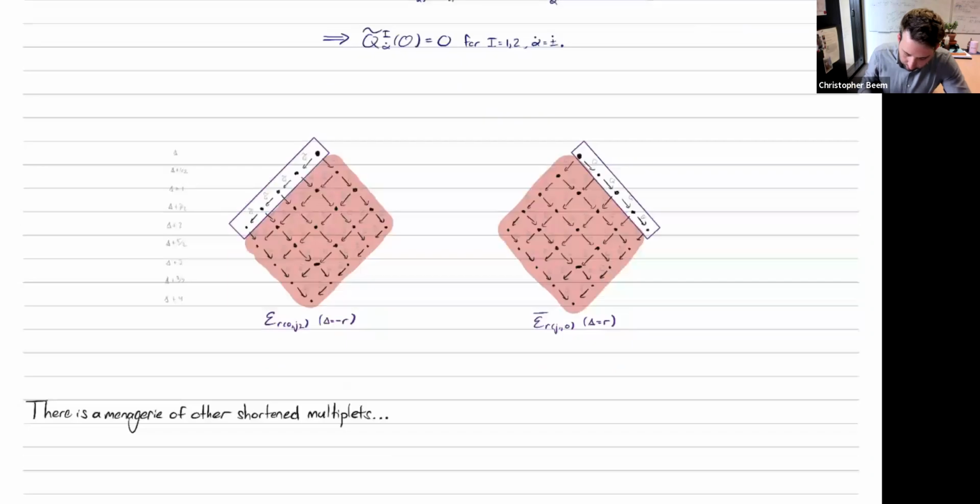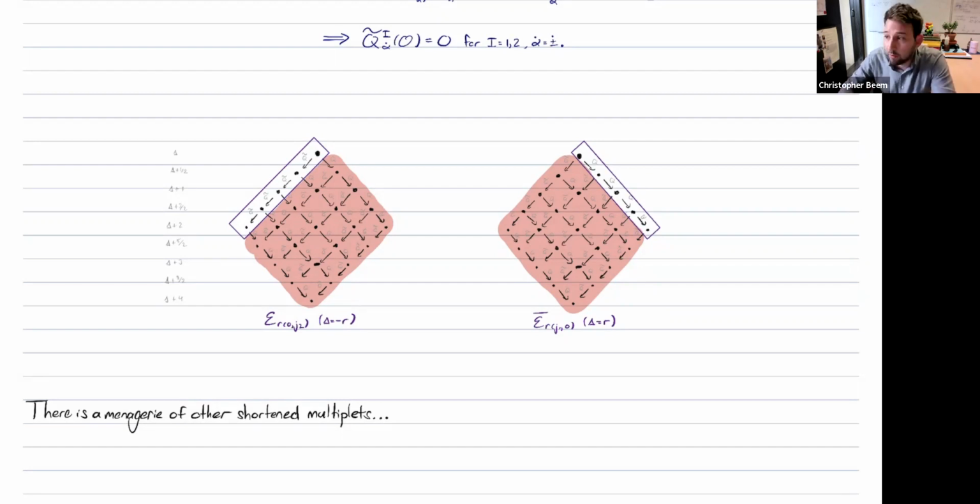So these two classes of operators that are annihilated by either the Qs or the Q tildes that I just mentioned are known, in the Dolan and Osborn conventions, as epsilon multiplets. They're also sometimes called N equals 2 chiral multiplets because they're annihilated by all of the supercharges of a fixed chirality.